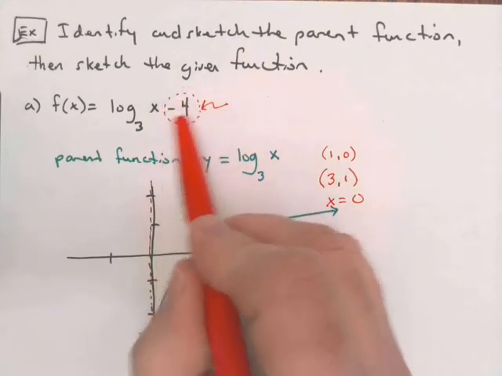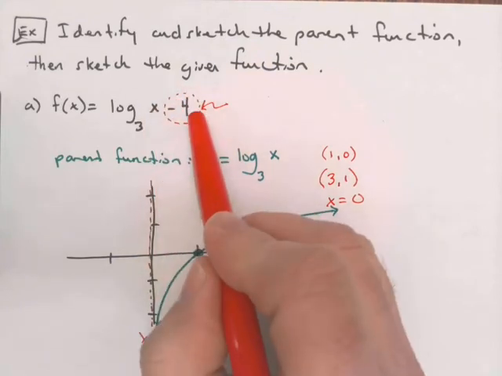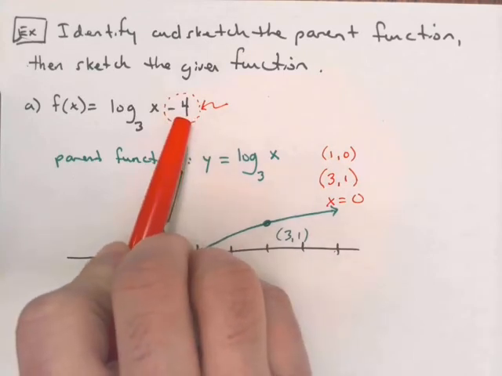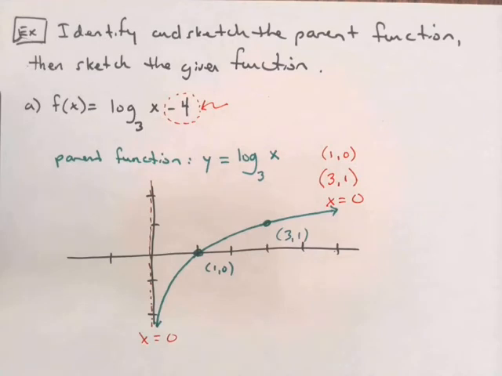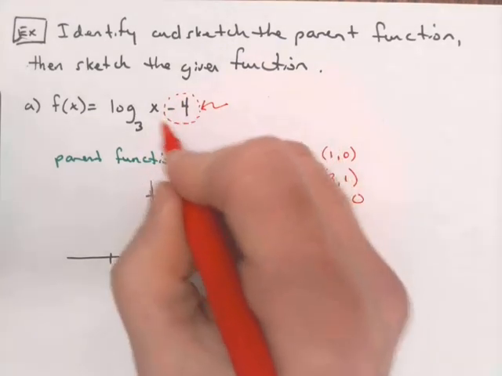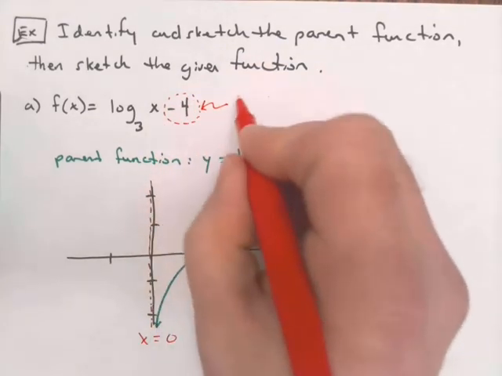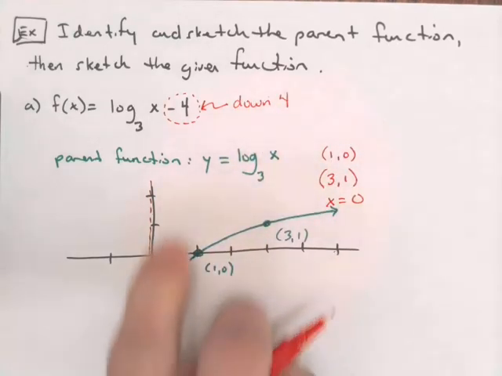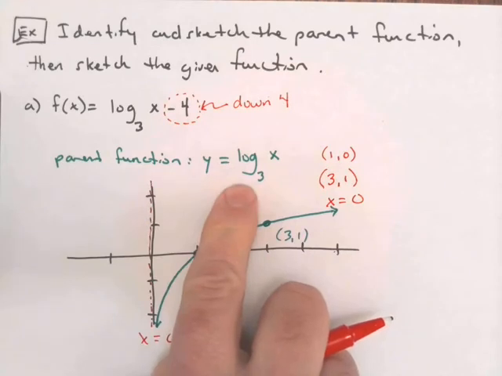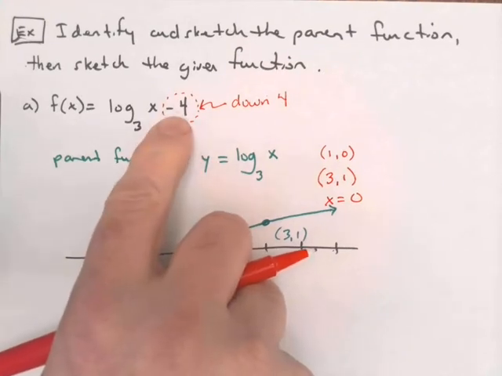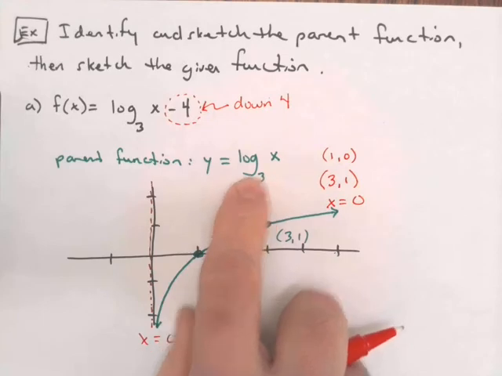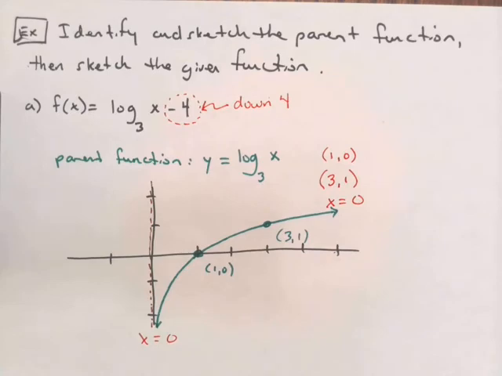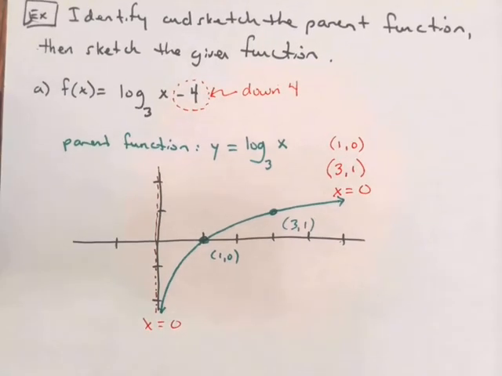This x with the minus 4 afterward, the x minus 4 is not in grouping symbols, so this is a vertical shift. It'll either move the graph upward or downward, and plus is up and minus is down for vertical shift. So when I compare these two equations, the only thing that's different is the subtract 4, and I know that that will take this parent function graph and it will slide it down 4 units because the x minus 4 is not in parentheses, it's not in grouping symbols.